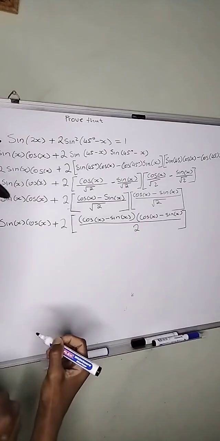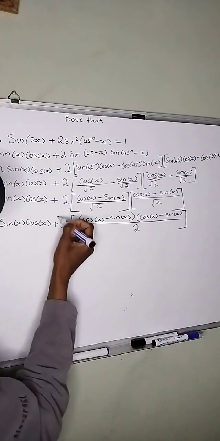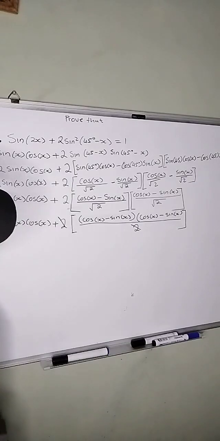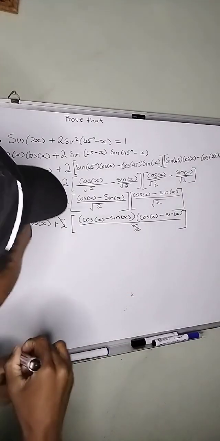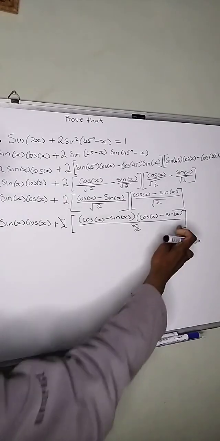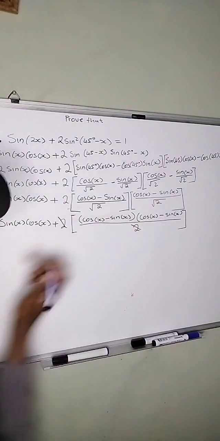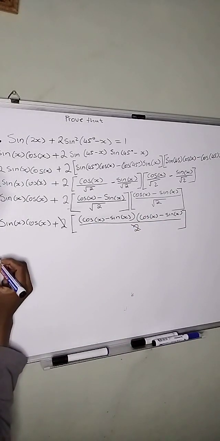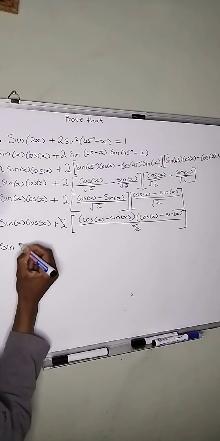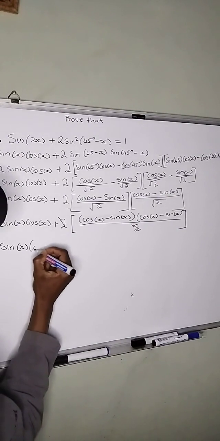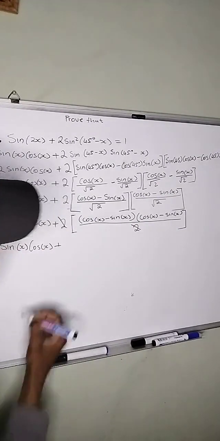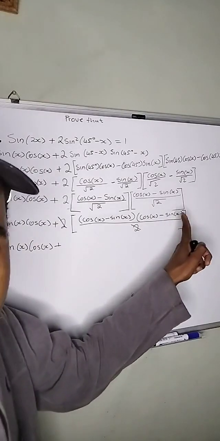Then you see these two will cancel that 2. What am I going to be left with? So I'm going to have 2 sine x cos x plus, when I multiply the 2, what am I going to have?